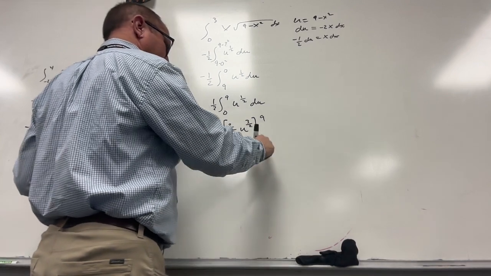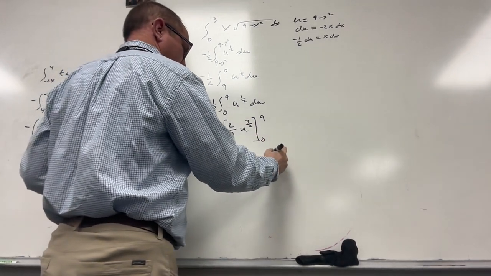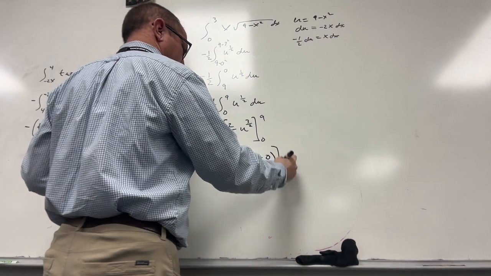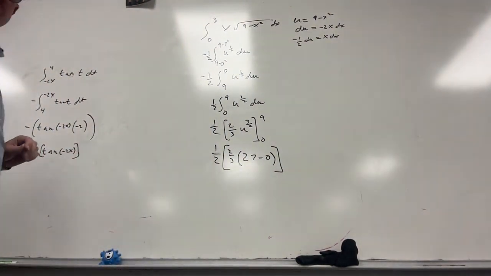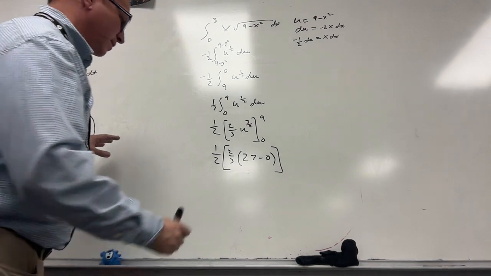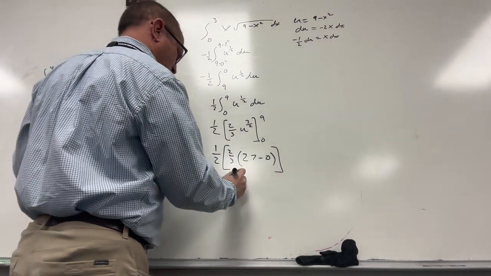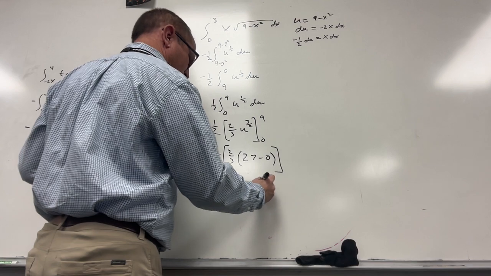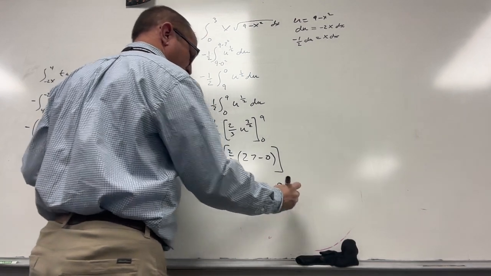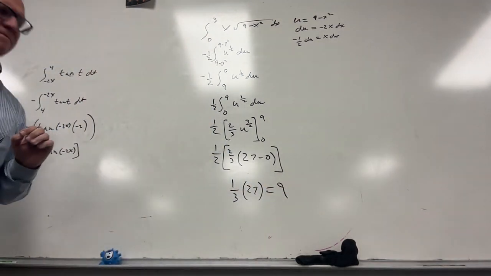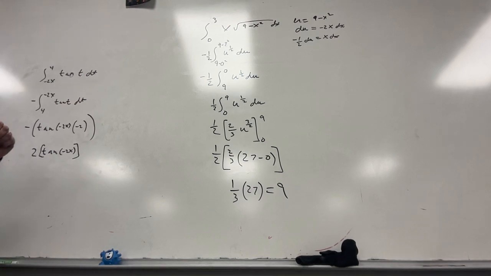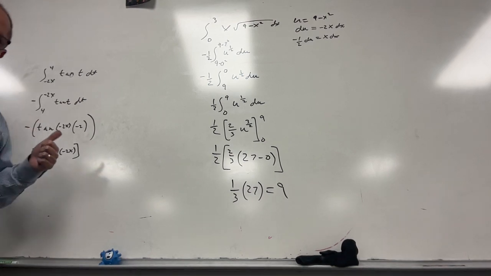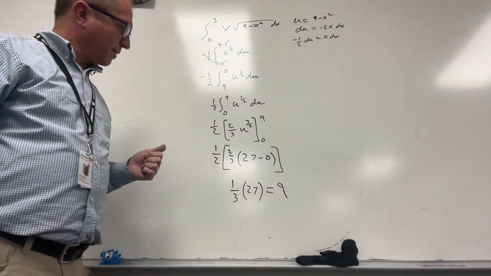Okay. And then plugging in 0, it's just 0 here. And from here, this would be 1/3 of 27, which would be 9.